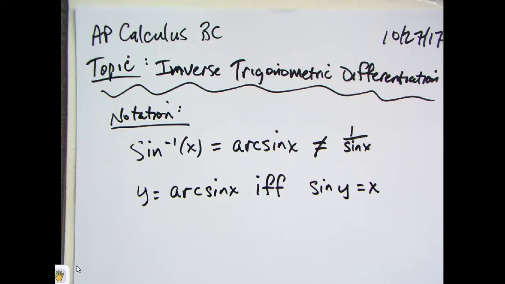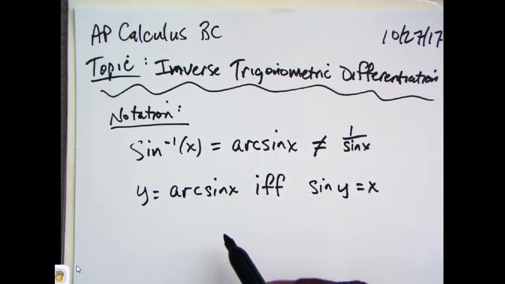Okay. So with that said, what do we remember about our inverse trig? What's our domain? What's our range? What does a graph look like? Okay, so let's take a look at arc sine.